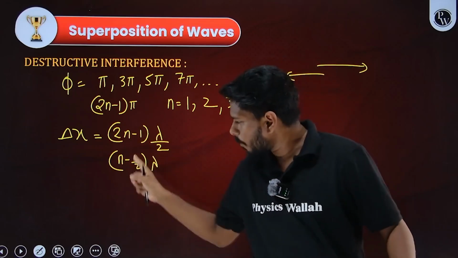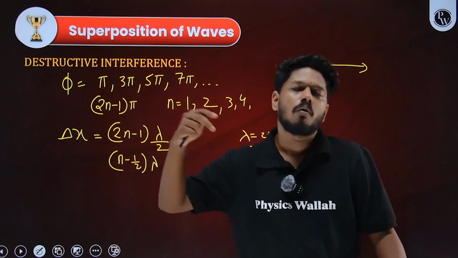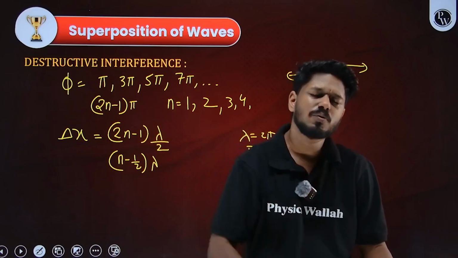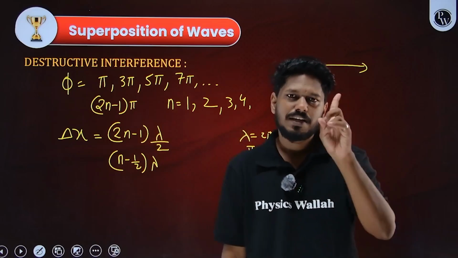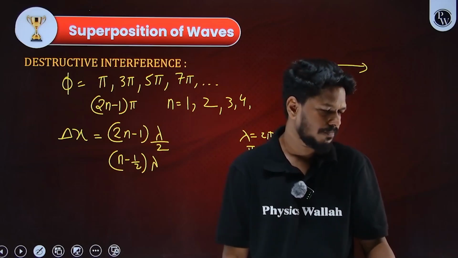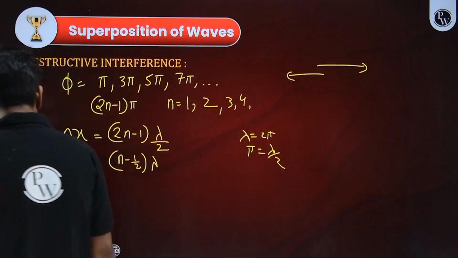But if you are following positive notation, then for n is equal to 0, it will be 1. For 1, it will be 2. For 2, it will become 3. For 3, it will become 4. That will lead to confusion. Therefore, if n is 1, first, n is 2, second, n is 3, third. Just follow that. Any difficulty? I don't think so.